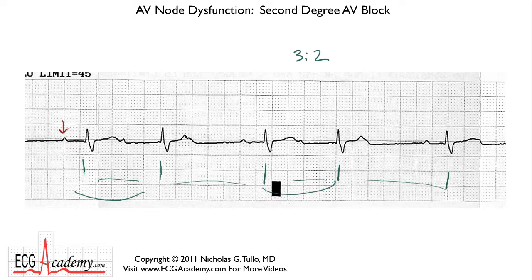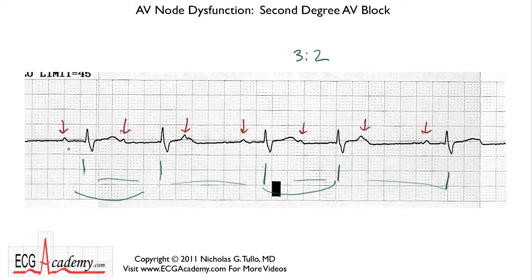And remember what I told you about P waves being sharp and spiky compared to T waves. So you have this one here, and then you have this sharp spiky guy right on top of the T wave. Do these map out? Well, let's see. If we resize our calipers and move them on down, they do indeed appear to map out. This one's a slight bit early and this one's a slight bit late.